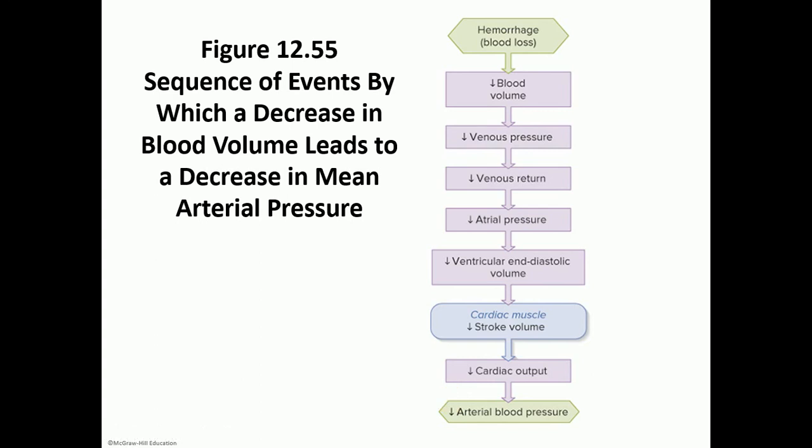Again, it's all about how much blood reached the heart. So what does my venous return look like? That will correspond to how much blood was pumped out of the heart. That is going to reflect changes in the cardiac output.